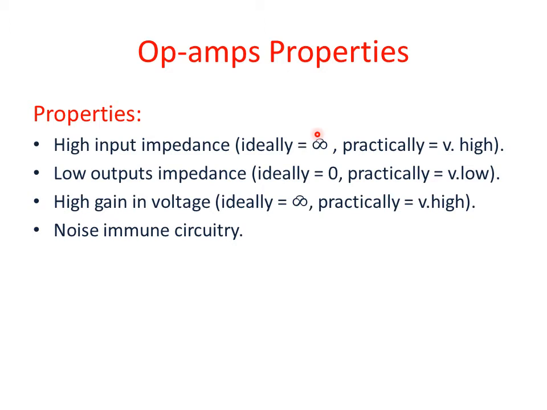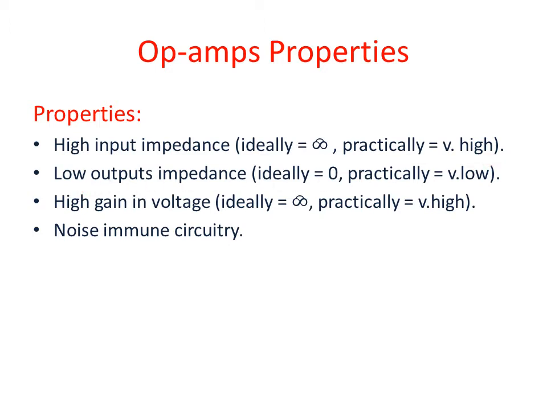However, we know that in reality no ideal device exists and we cannot reach any value like infinity. Therefore, we would say that a practical operational amplifier will be having a very high value of input impedance, but it will not be infinity.